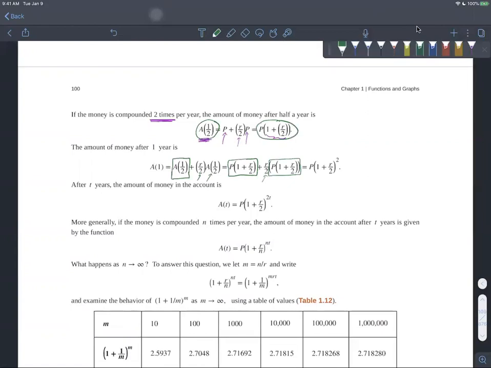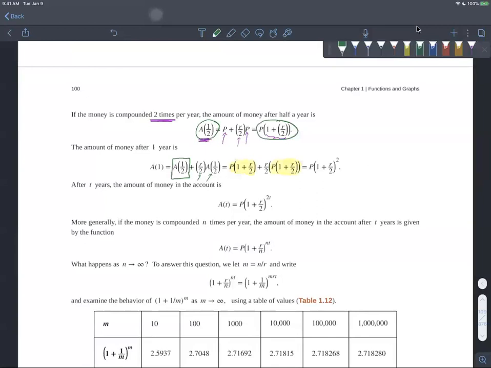And if you factor out, what can we factor out there? Let's see here. Both of those terms have a P times 1 plus R over 2. Notice we can highlight it here. P times 1 plus R over 2. P times 1 plus R over 2.